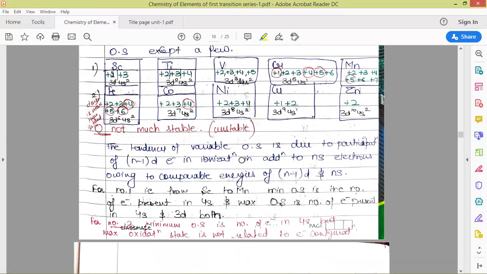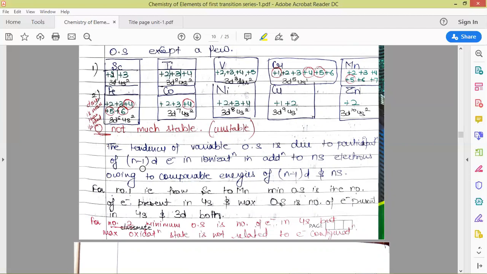The reason for that is due to the fact that during ionization, the electrons present in the penultimate shell, that is the 3D subshell, also participate in ionization due to the comparable energies of 4s and 3D. The ionization doesn't limit itself to the 4s electrons. It also involves 3D electrons, and they also get lost by the metals and participate in the bonding.